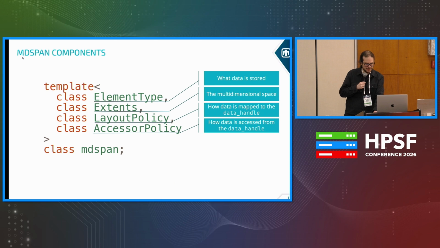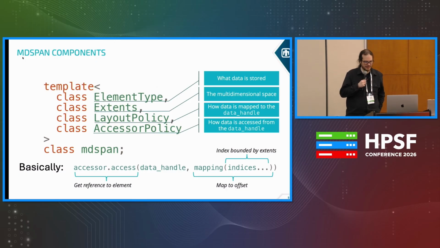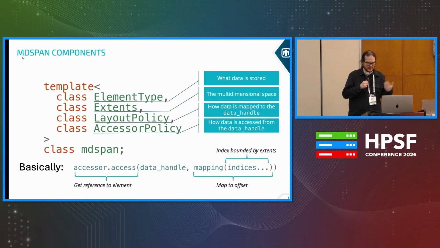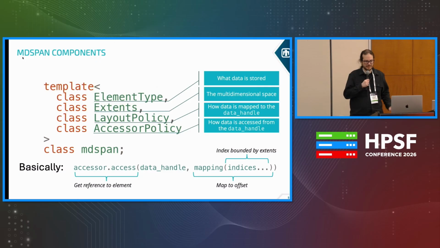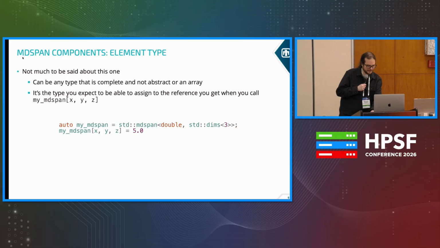So just to put it simply, when I go through the next slides, just keep this breakdown in mind. Whenever you're accessing an element in an mdspan, you're essentially doing this operation. You're taking the accessor, and you're calling its access function with some data handle, and the offset of the data handle is applying the mapping from the layout policy with indices that are bound by the extents.